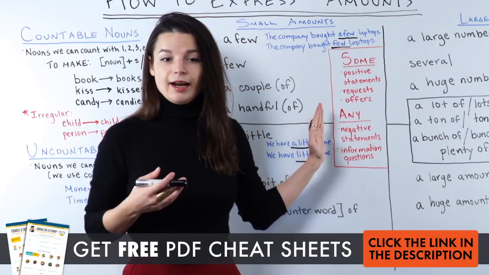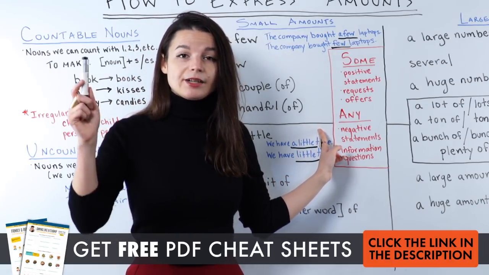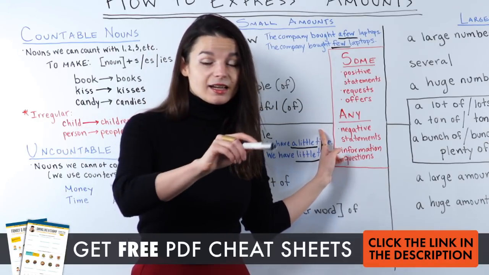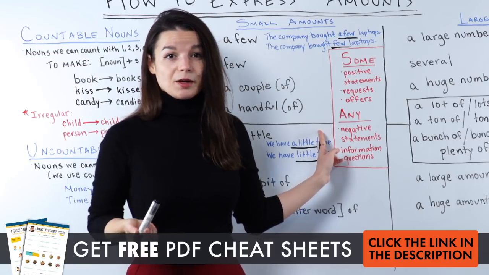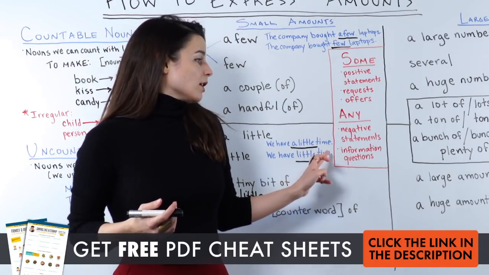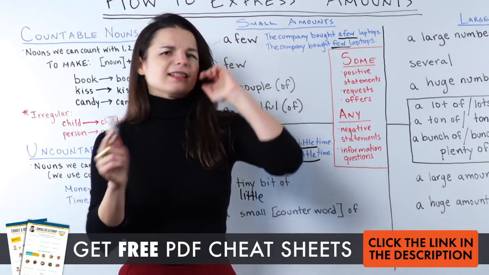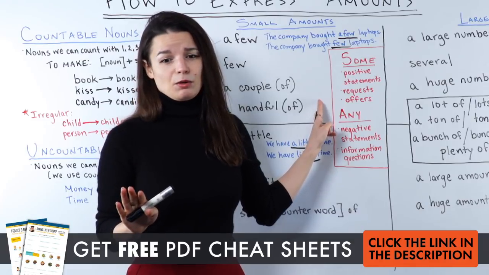Any, on the other hand, is used in negative statements, meaning I don't have any of something, or we don't need any of something. Again, we can use this with countable or uncountable nouns. We also use any in information questions. That means we're not making a request and we're not making an offer with any.